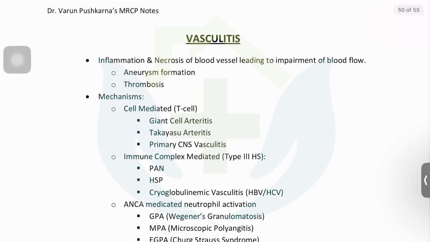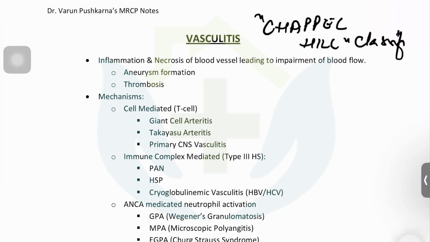What is the classification system for vasculitis known as? Because this was asked in one of the exams, and so it is called Chapel Hill classification. Please remember it. It was asked in the exam, which of the following is true and false? So the problem is Chapel Hill classification.